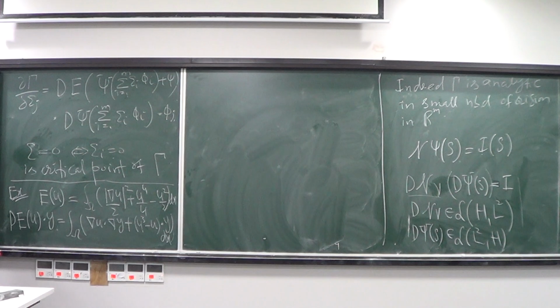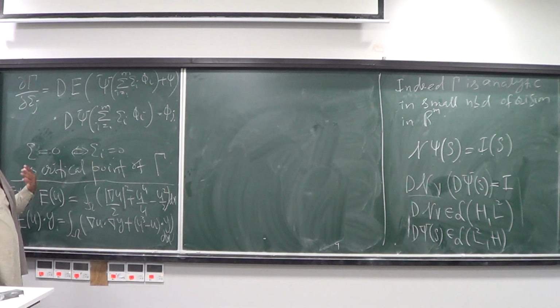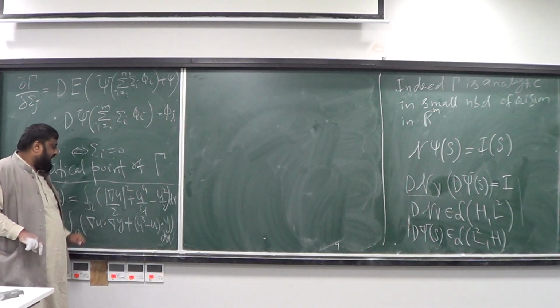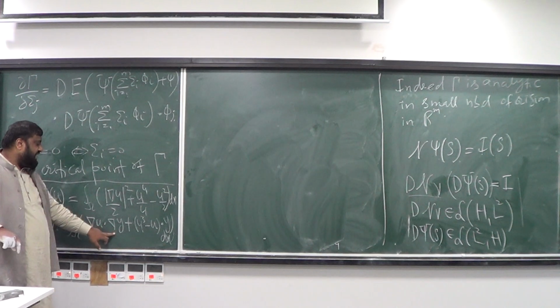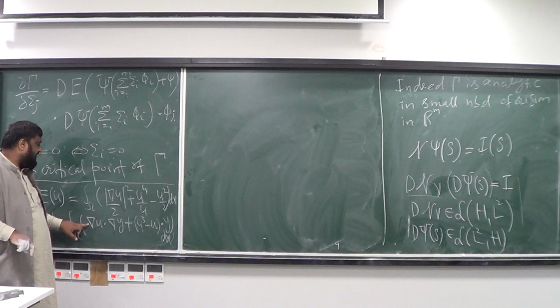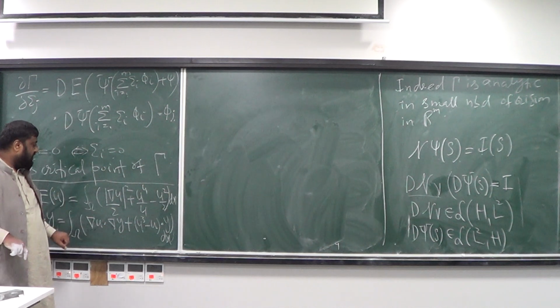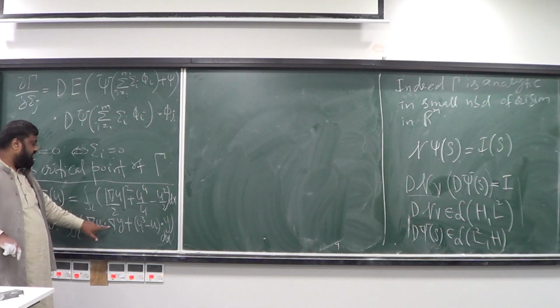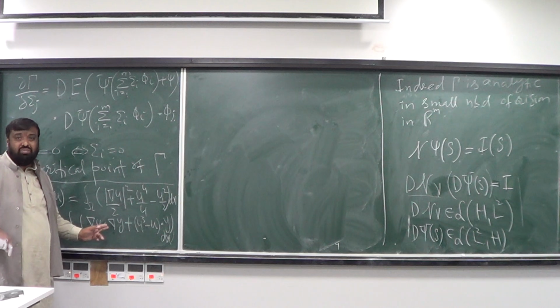Now, where y is also from h2 intersection h1 naught. Now, if this is the case, I can apply integration by parts on this, and if I wish, I can take this gradient to the other side, and this will become gradient operated onto gradient of y, which is going to be minus Laplace y.